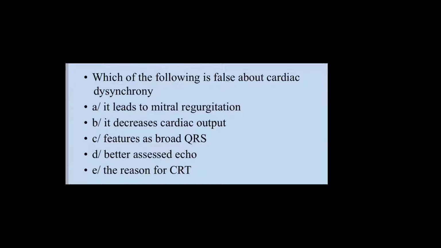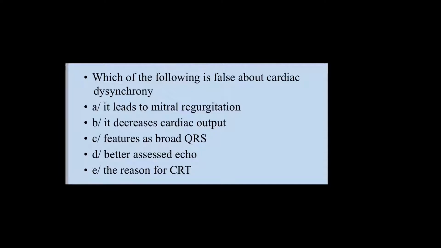There is no echo here, although echo was and probably is going to come back for desynchrony assessment. In this case, that will be called mechanical desynchrony assessment. And in the ECG, electrical desynchrony assessment.